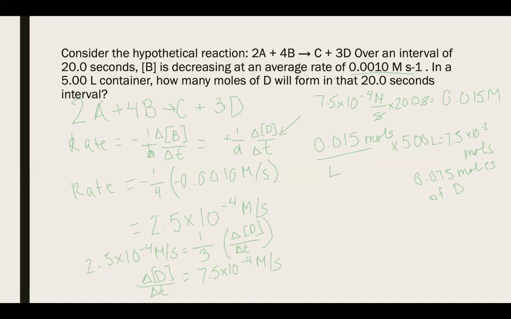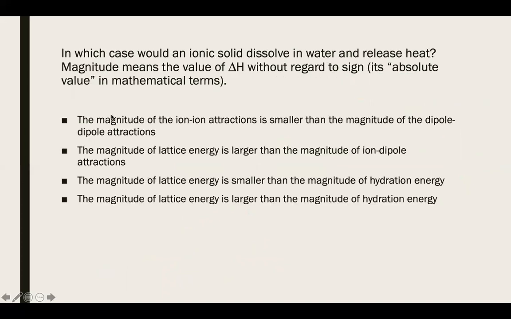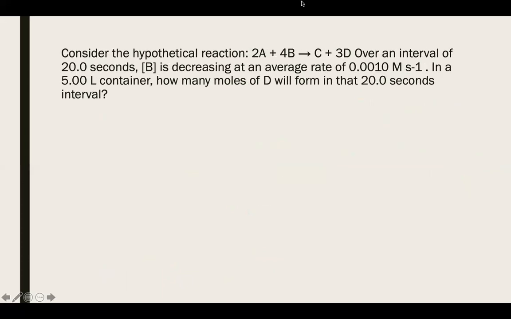I'm just going to clear what I have written right here so I can write more. If you remember this equation, the rate equals negative 1 over A, times delta concentration of A over delta T, equals negative 1.